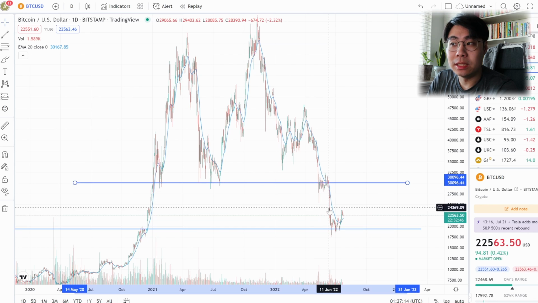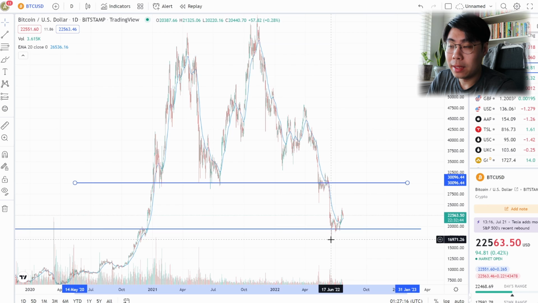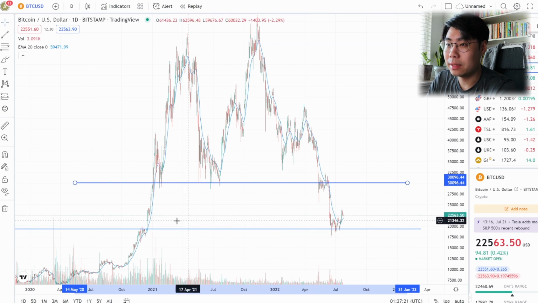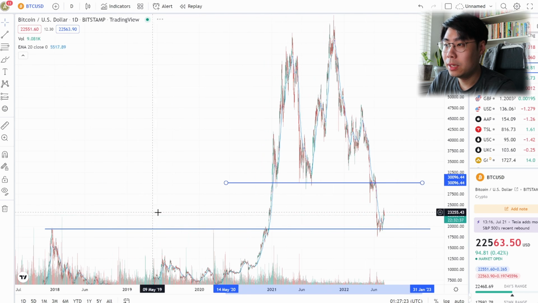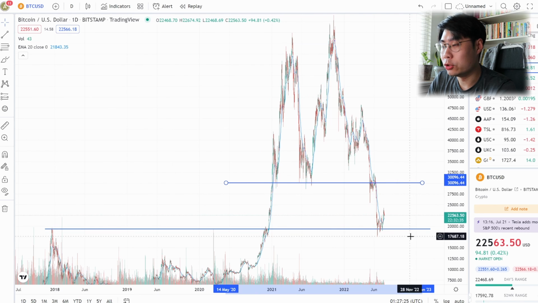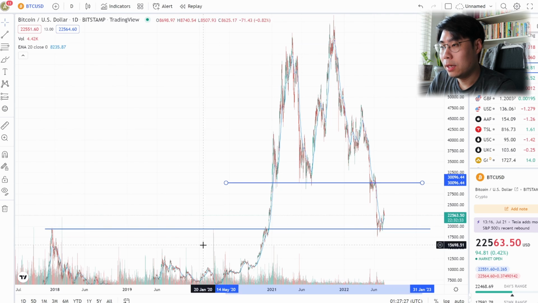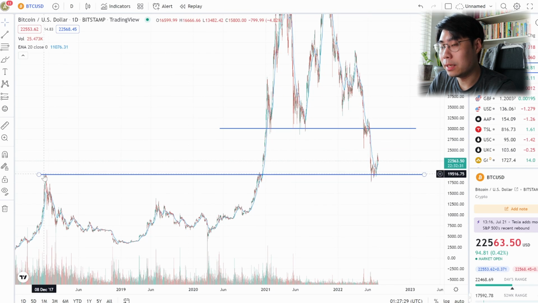When it actually dipped all the way down, it basically broke through, and it only stopped around the next major support, right? Usually a support is an area which was also previously a resistance.